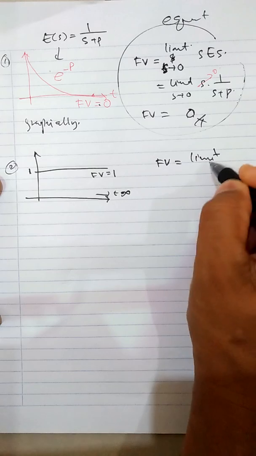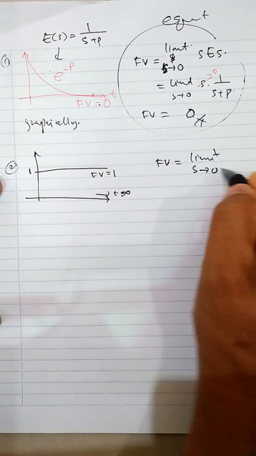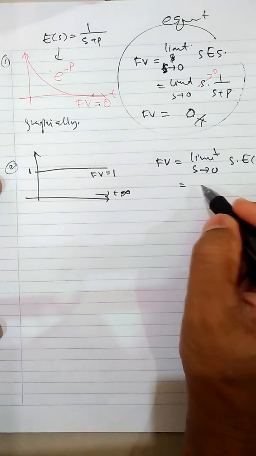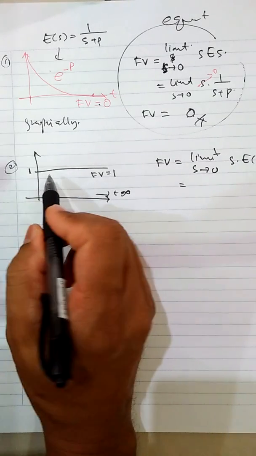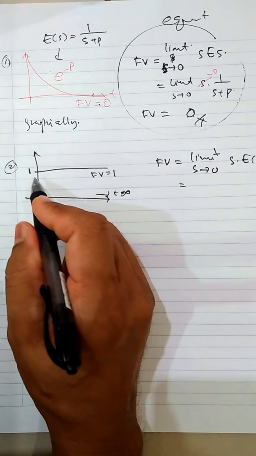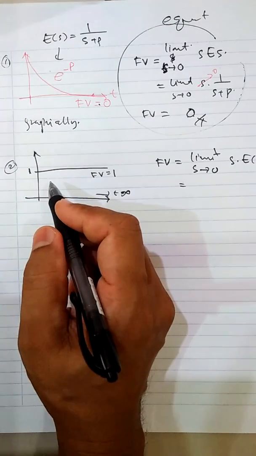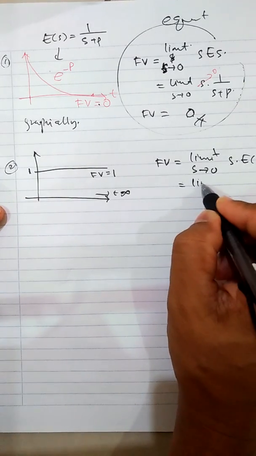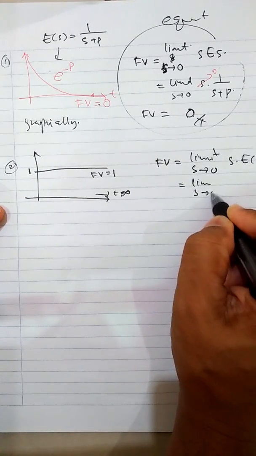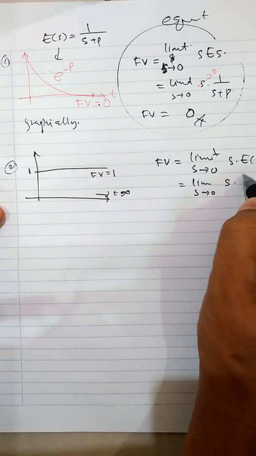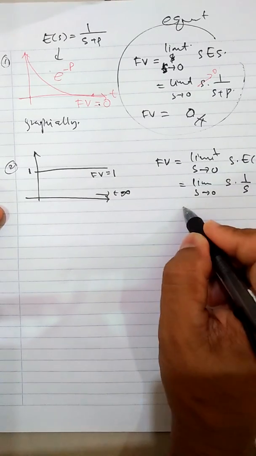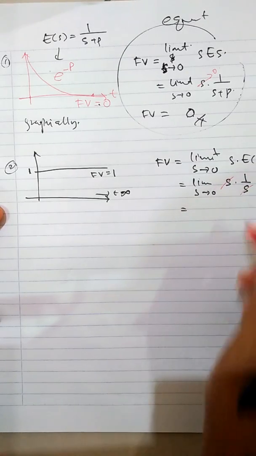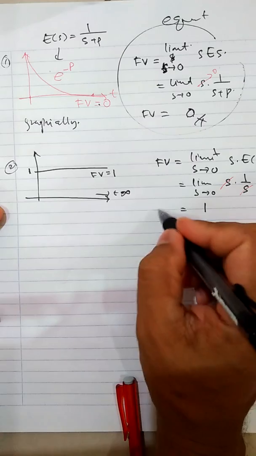Limit s approaching 0, s times 1 over s equals 1.